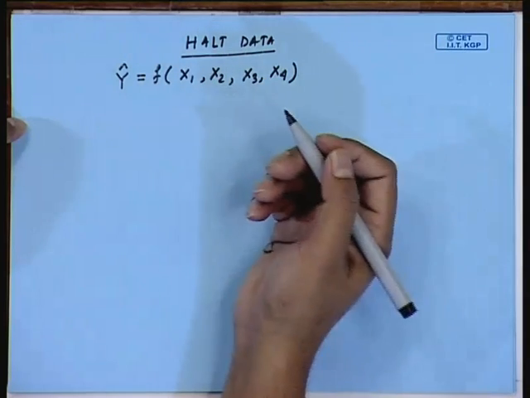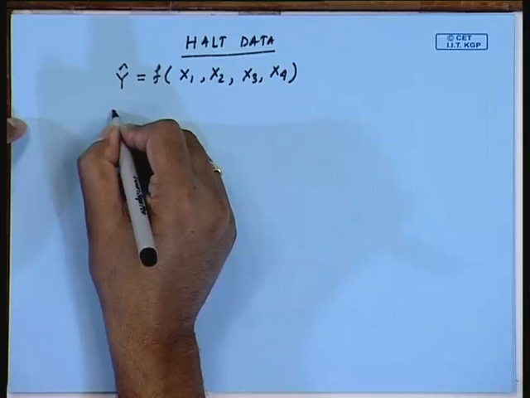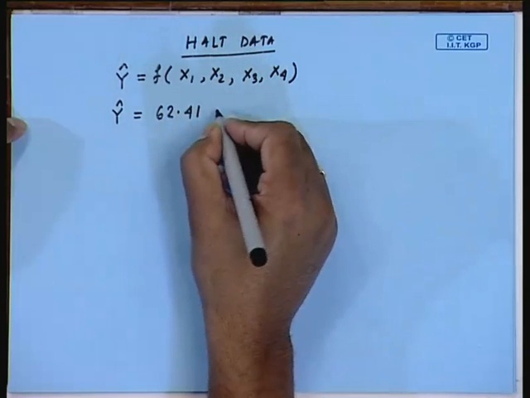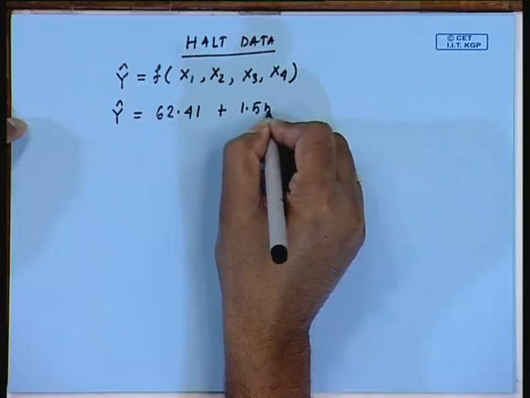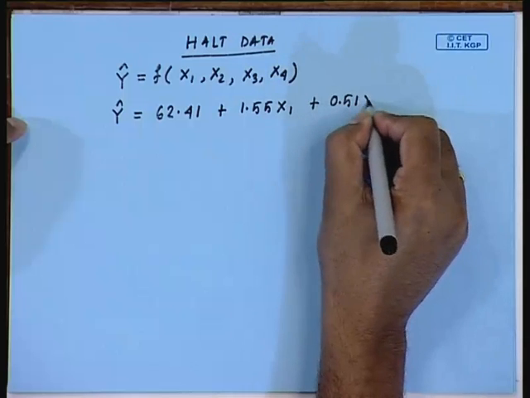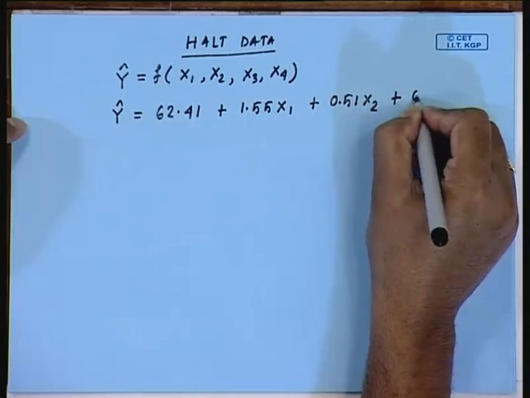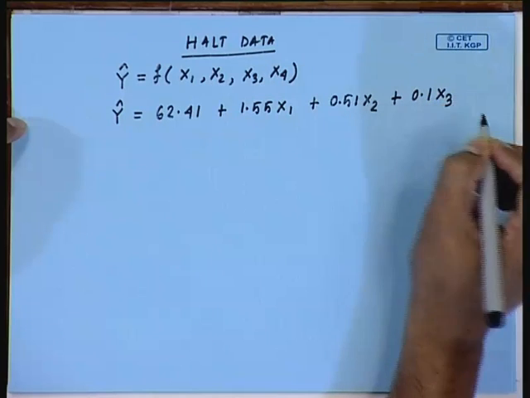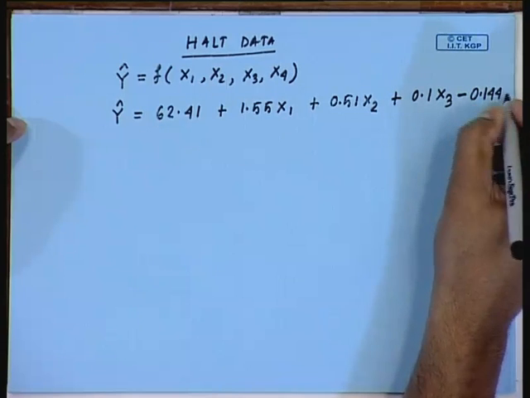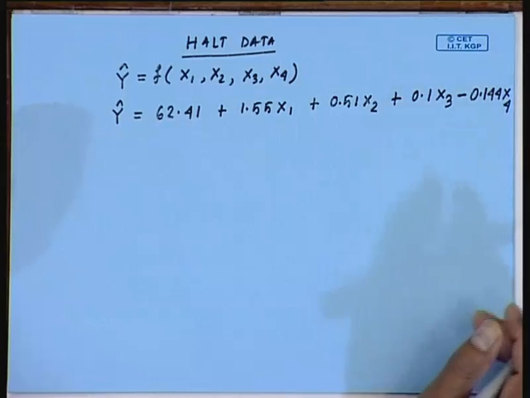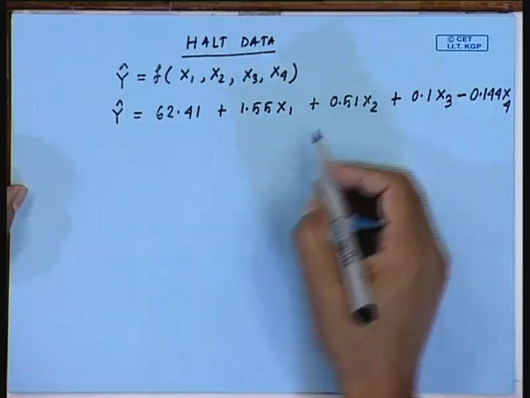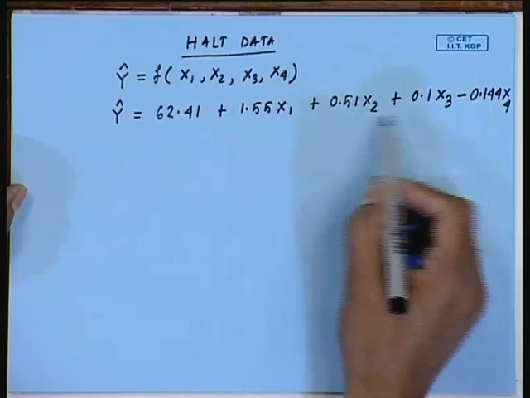That means, you fit the full multiple linear regression model, and the fitted model is y hat, which is equal to 62.41 plus 1.55 x1 plus 0.51 x2 plus 0.1 x3 minus 0.144 x4.